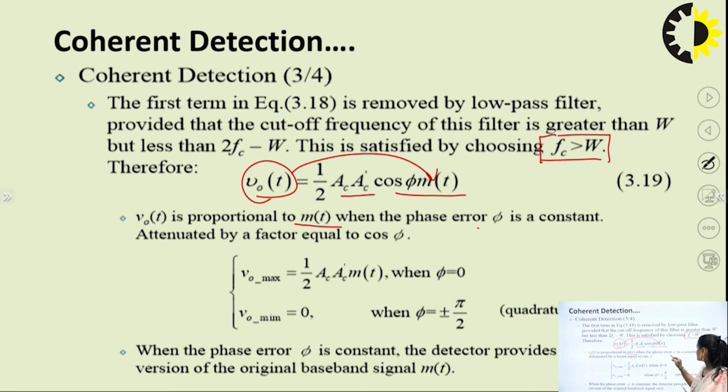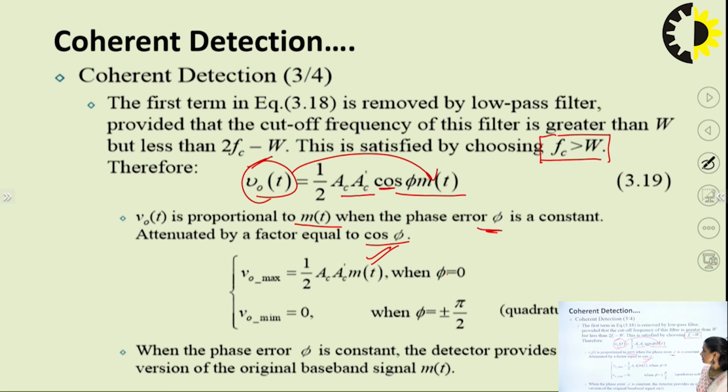When the phase error phi is a constant, the output is attenuated by a factor equal to cos phi. So when do I get the maximum value of this? When this is equal to 1, when phi is 0, cos of 0 is 1. Then V0 equals half of AC dash MT, right? This is what I get.